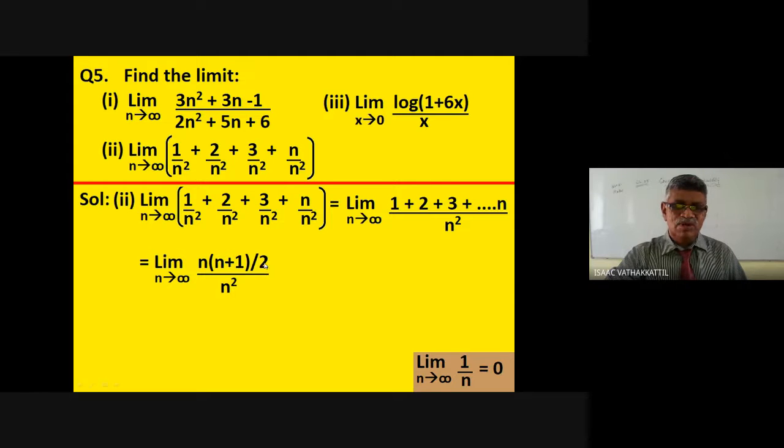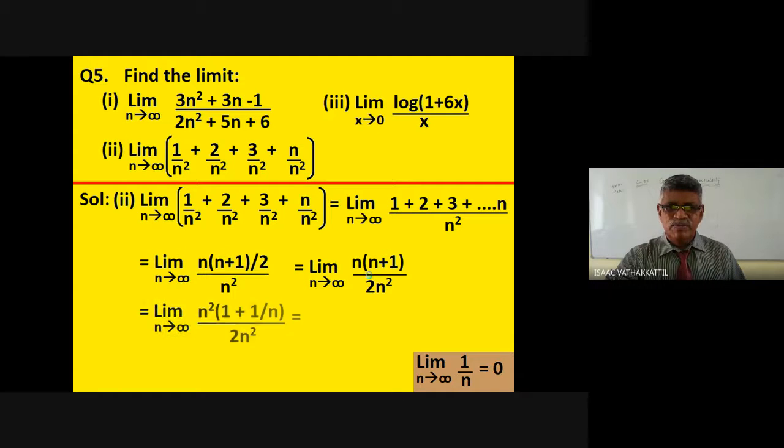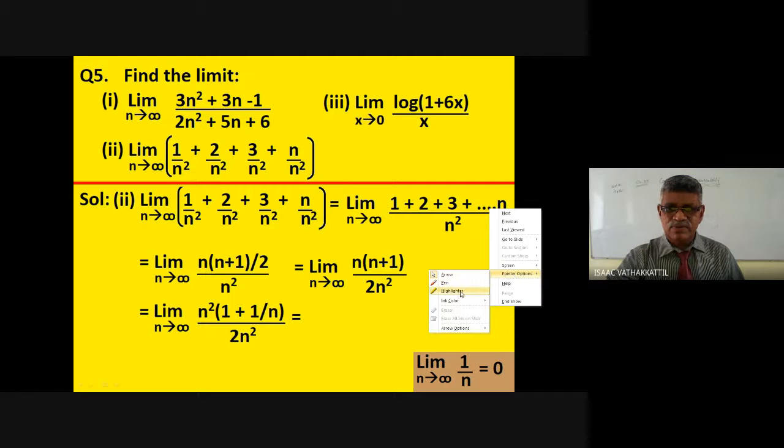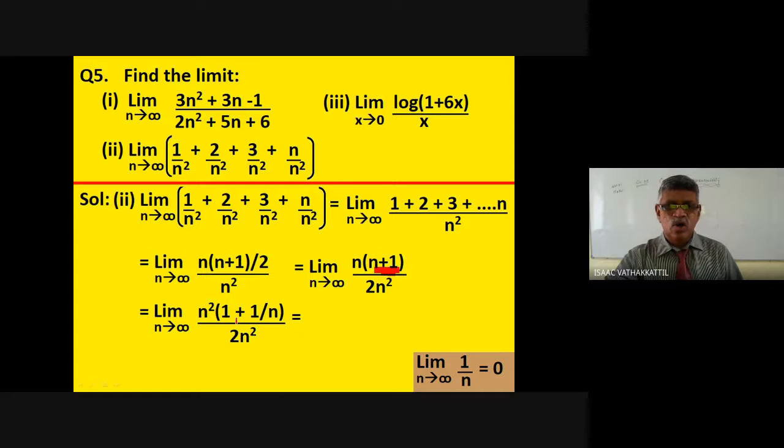Now on simplifying, this becomes n into n plus 1 by 2 n squared. From the numerator, from n plus 1, I take another n out. So that is n squared into 1 plus 1 by n upon 2n squared. Now n squared cancels.